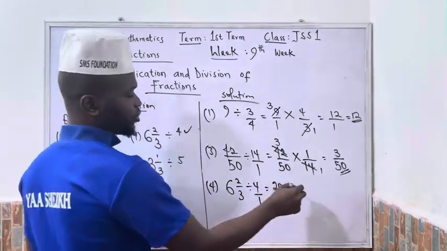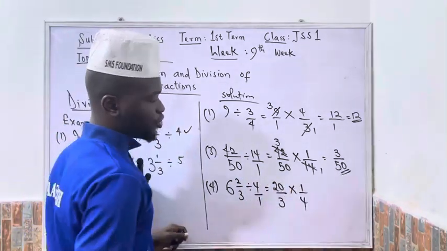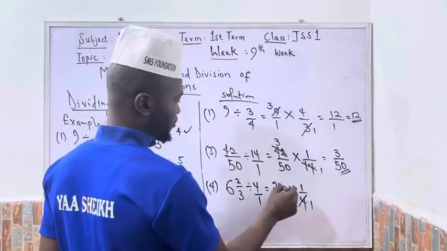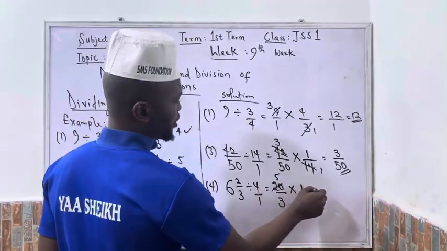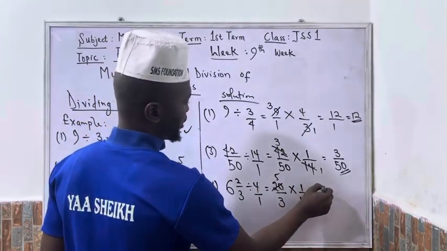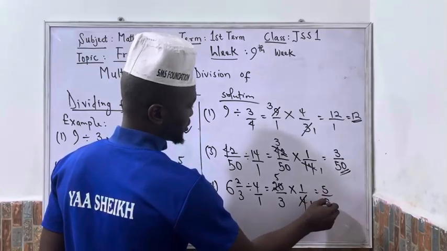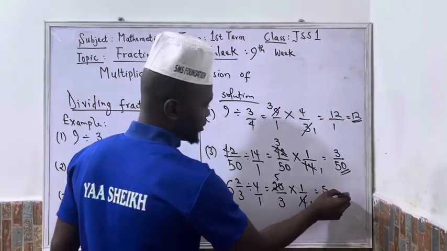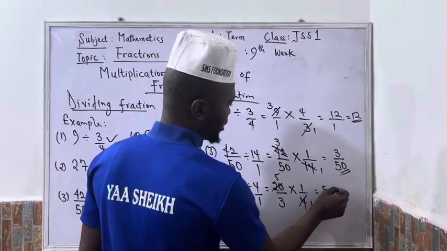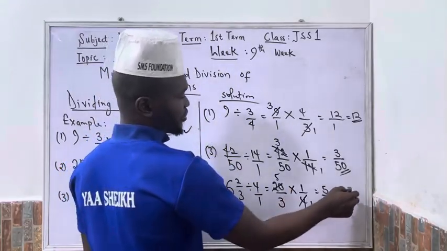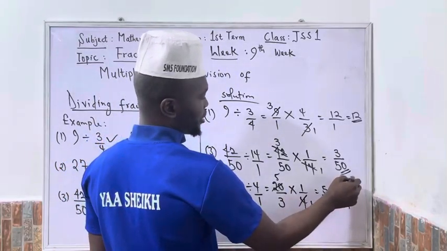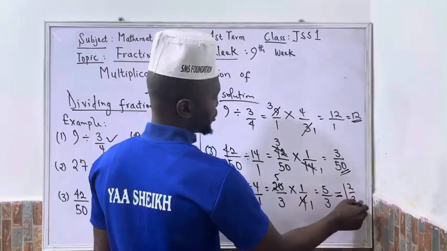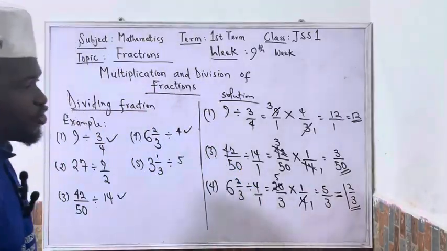So, flip will now occur as 1 over 4. Of course, 4 here 1, 4 here 5. So, I'm left with 5 times 1, that is 5, over 3 times 1, that is 3. So, finally, I can simply say that how many 3 and 5? That will be 1 whole and 2/3.